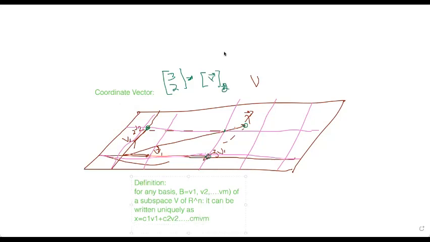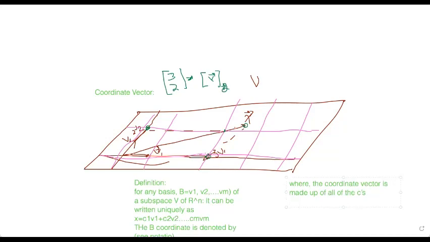So that means that the B coordinate vector is denoted by the c's, where the coordinate vector is made up of all of the c's.